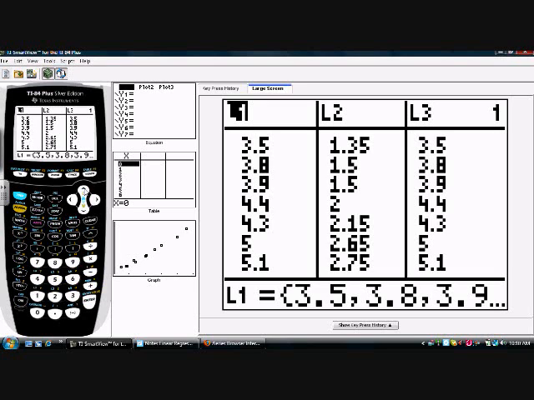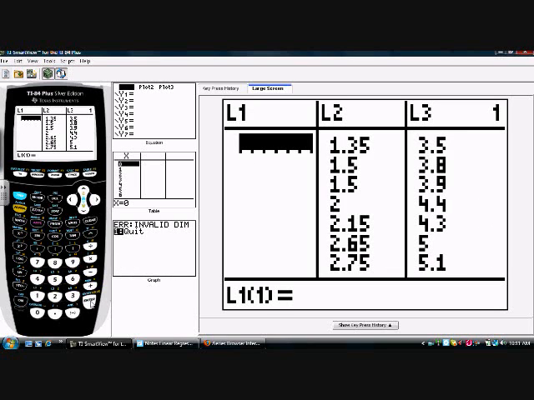That means list 1. Then you hit clear, which is right below the arrows, and then you hit enter, and voila, list 1 doesn't have any junk in it anymore. It's always important to clear out the list because things left in it are going to affect your next problem.